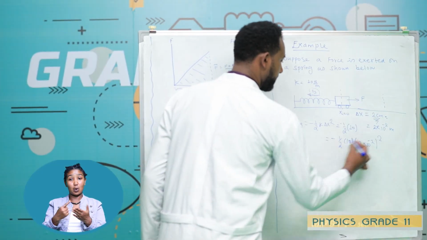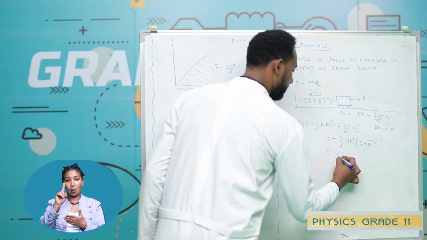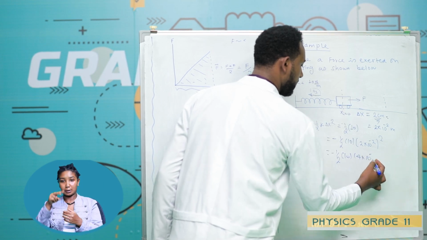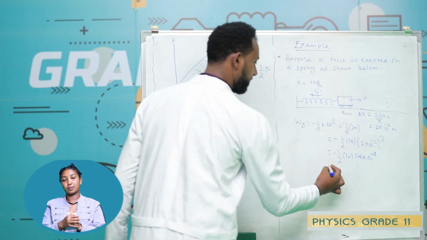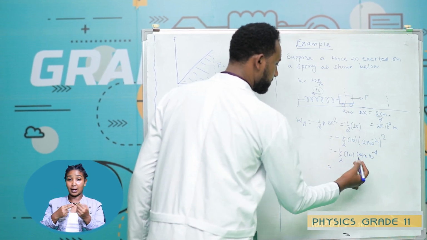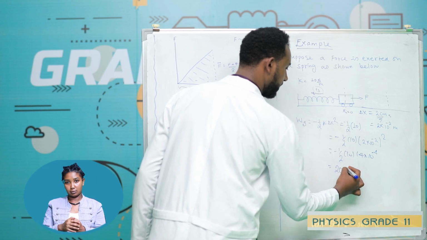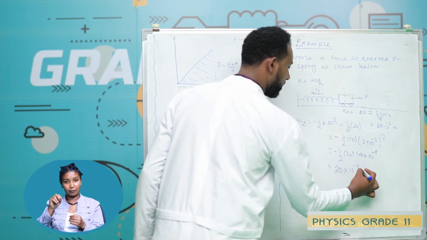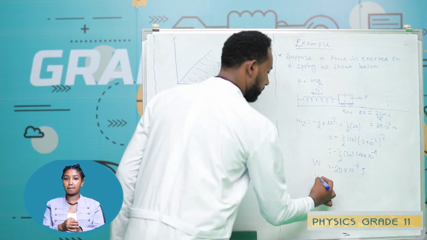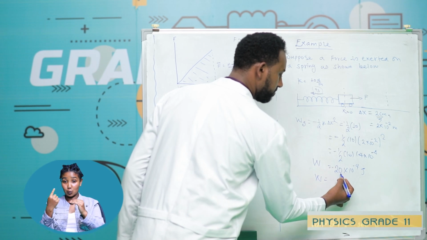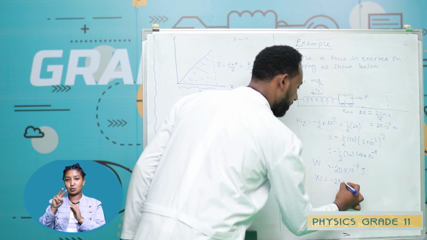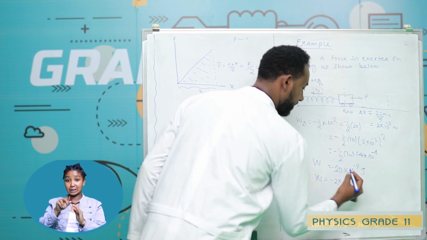Squaring gives 4 times 10 to the power of minus 4. 5 times 4 is 20, so 20 times 10 to the power of minus 4 joule, negative. So work is equal to minus 2 times 10 to the power of minus 3 joule.